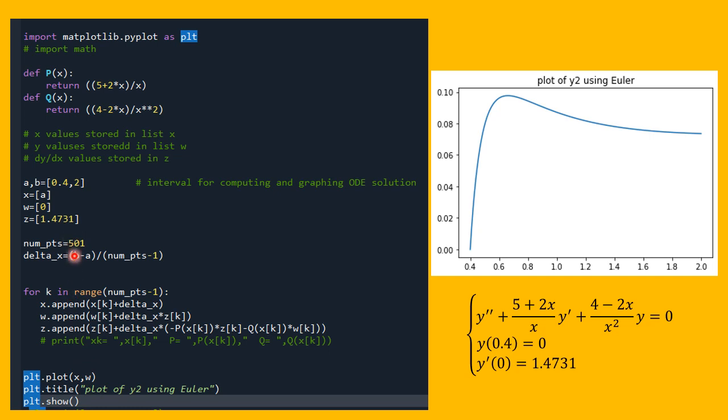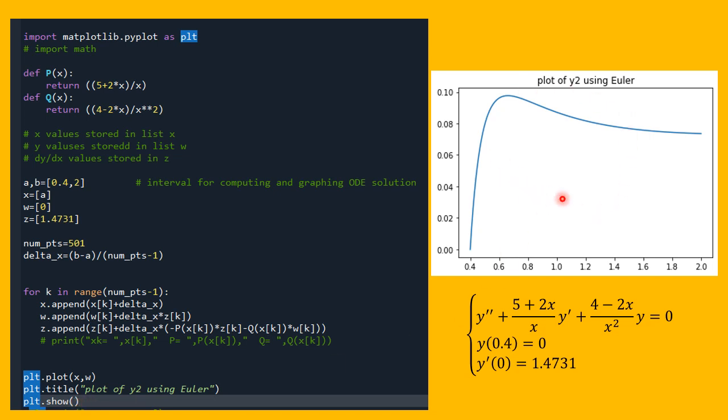The rest of this program is exactly the same as we saw for an Euler plot for the function y sub 1, which satisfied the same differential equation but different initial conditions. We will plot the values of x versus w, which is y basically, with a title, which we can see up here, and then we will show this plot.